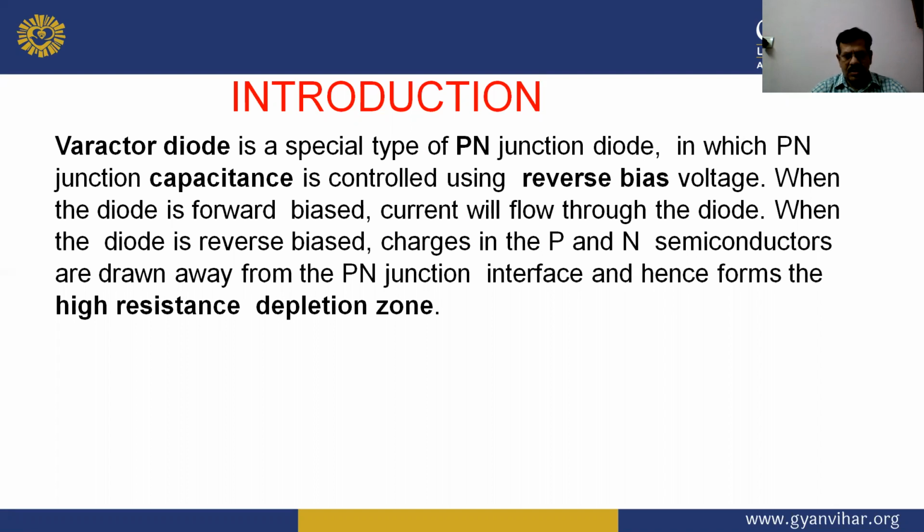So if the PN junction of the semiconductor diode is reverse biased, there is a formation of the depletion region. In the depletion region or depletion zone, there is no flow of charge carriers; the charge carriers are in an immobile condition, so there is no flow of charge carriers across the junction.